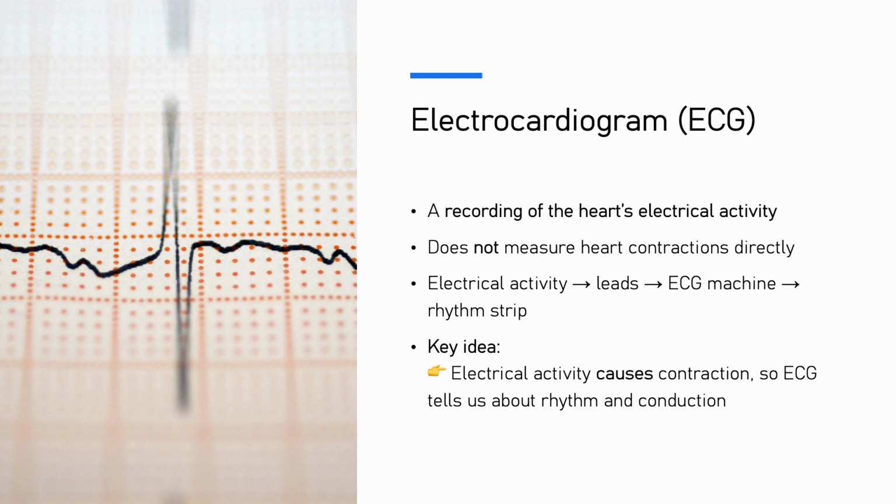The electrical activity causes the contraction. So the ECG tells us about rhythm and conduction of electrical activity, but again, doesn't really tell us about contraction or mechanical activity of the heart.